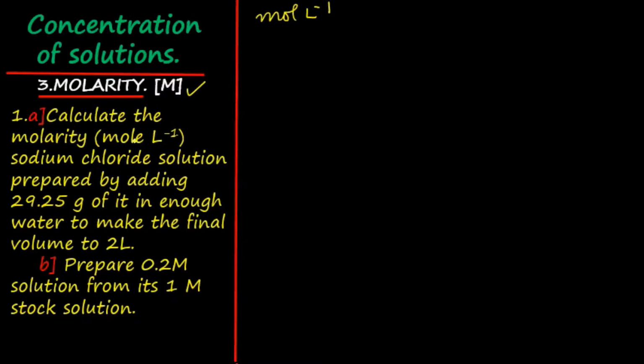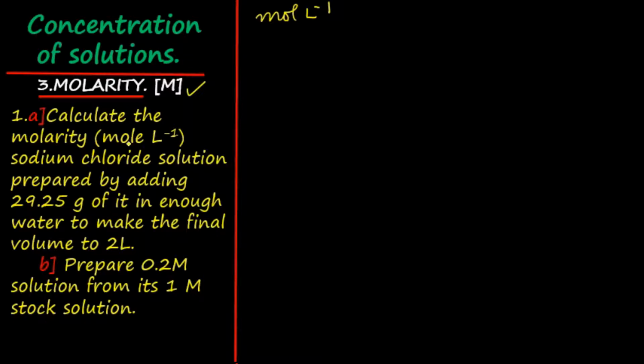But in the laboratory, 1 molar solutions of various reagents are always kept ready. It is known by the term stock solution. That stock solution of 1 molar solution is used for preparing solutions of the same substance with other concentrations. That is, from 1 molar solution, you will have to prepare 0.01 molar solution of the same substance.